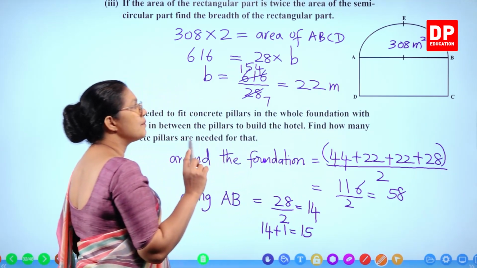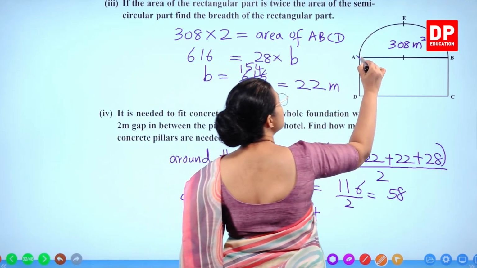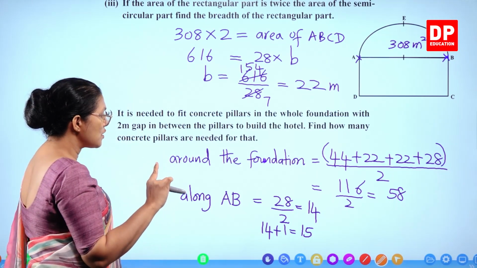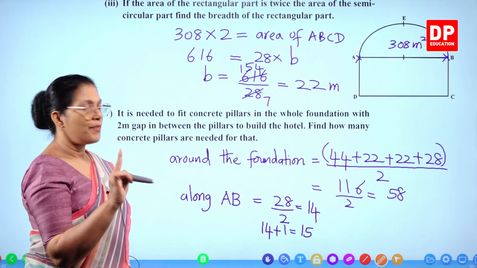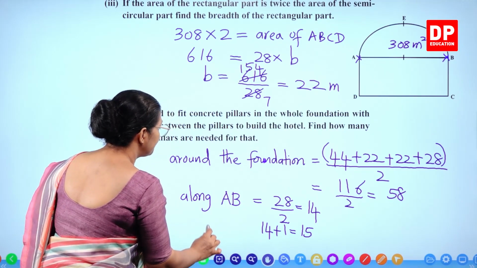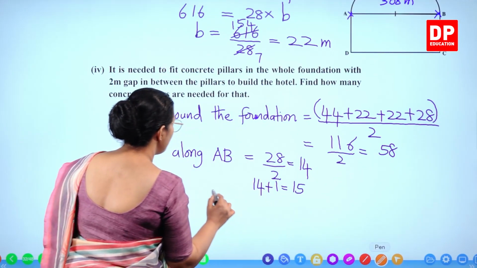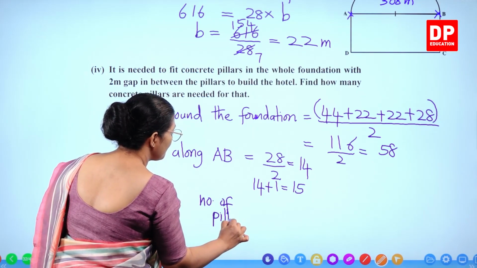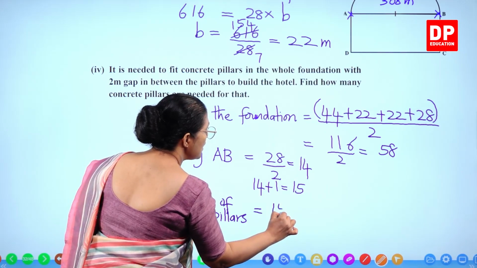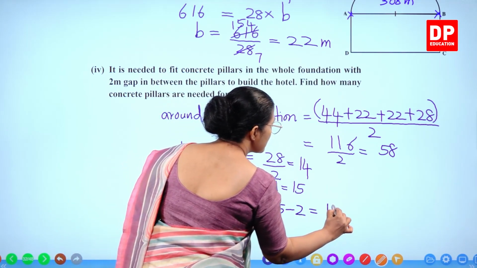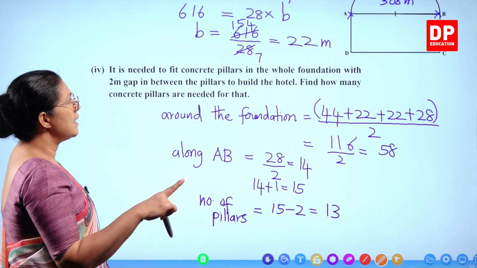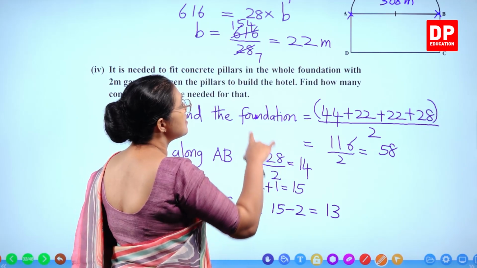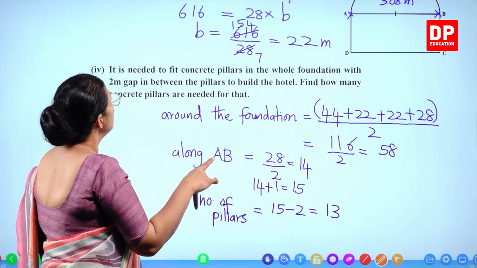along AB. But we know we considered this one and this one already. It's there. So you have to subtract 2 from that. So what's the number of pillars? 15 minus 2, that's 13 pillars along AB and 58 pillars around the foundation.